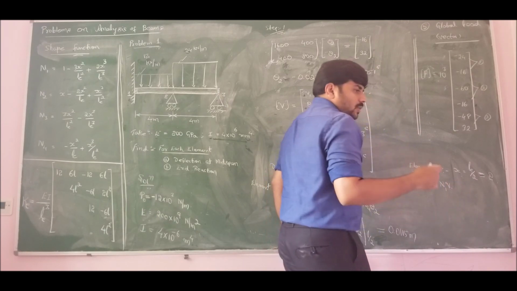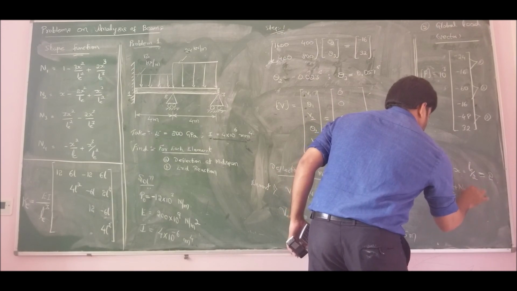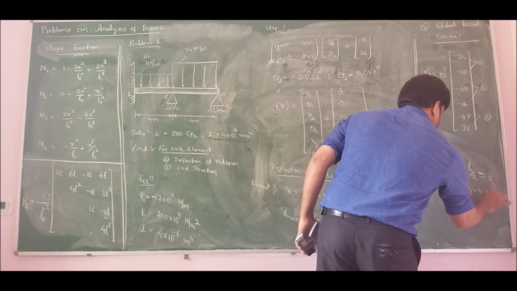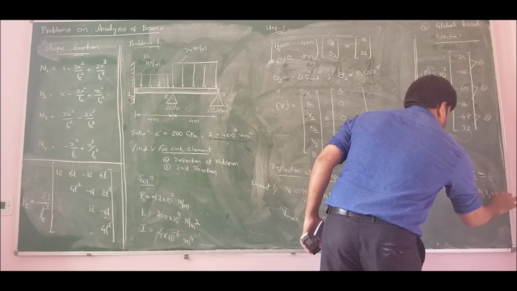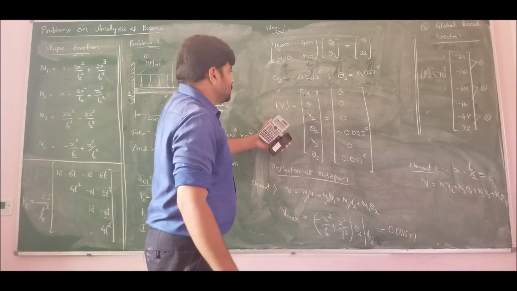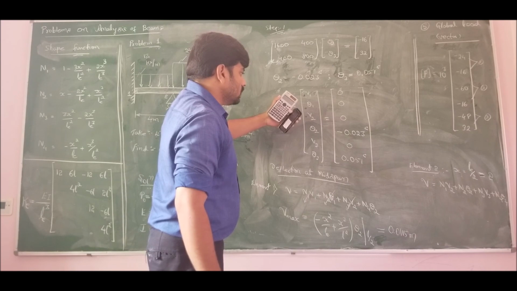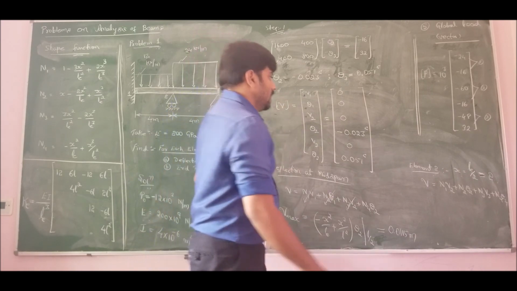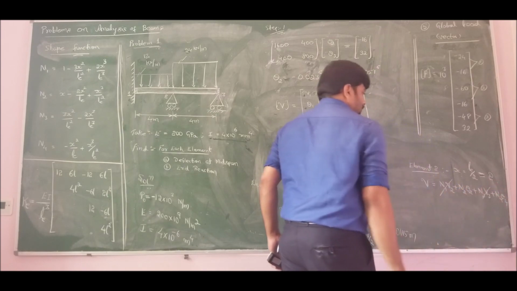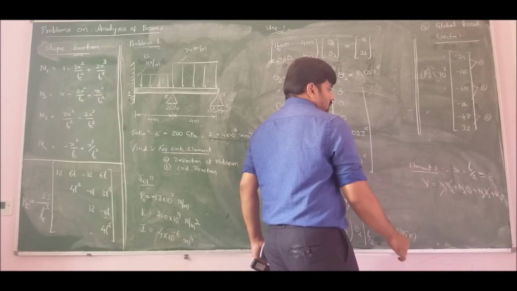The node numbers are 2 and 3, so therefore it is N1 V2 plus N2 theta 2 plus N3 V3 plus N4 theta 3. So now if I clearly observe, V2 and V3 are equal to 0. So I am left with N2 theta 2 and N4 theta 3.